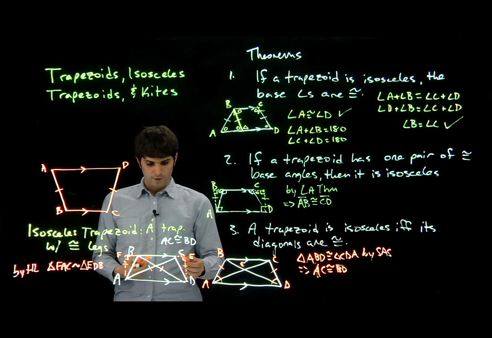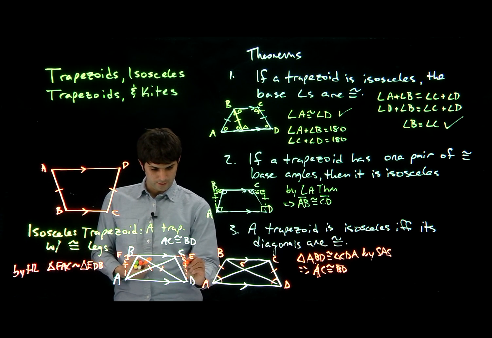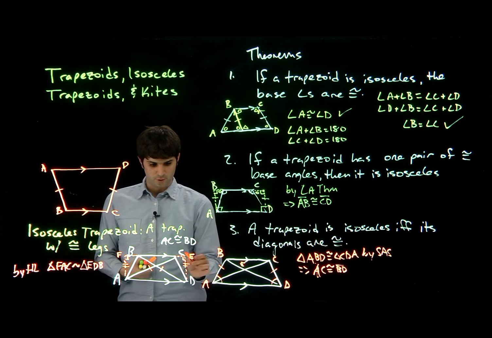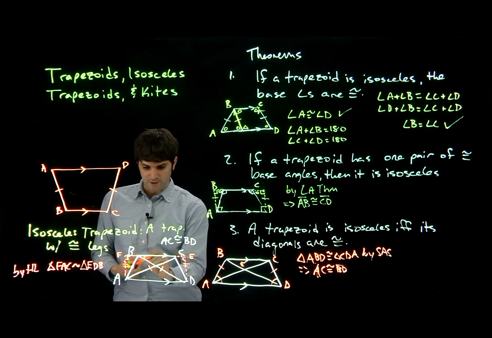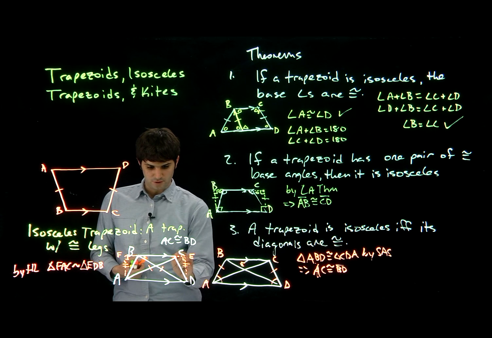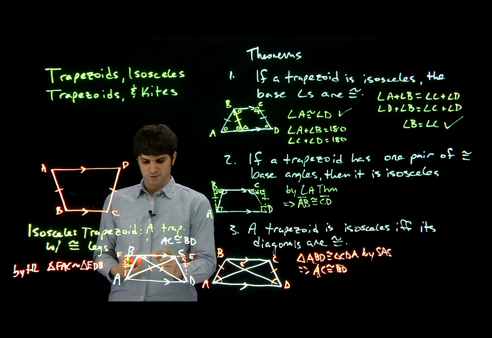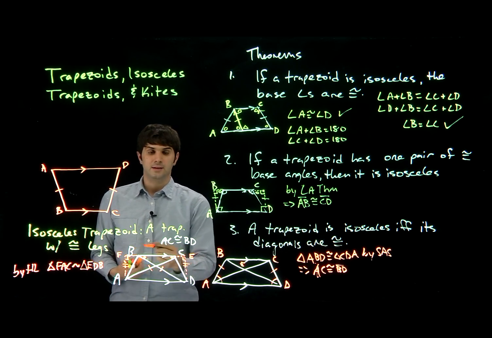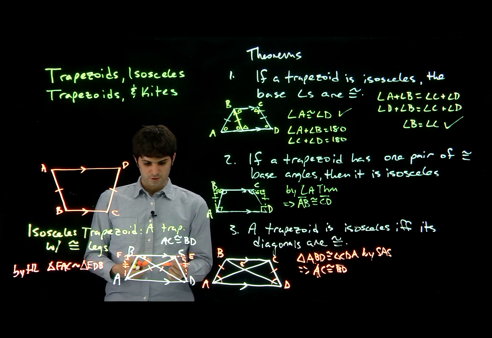So if that is true, then we know that this angle equals this angle. So angle DBC equals angle ACB. That's by definition of congruence.